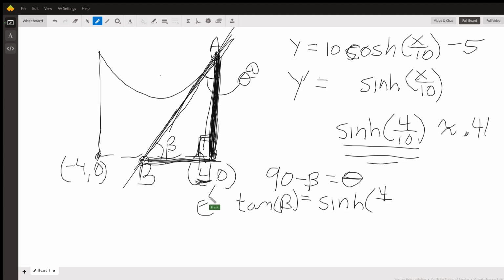Now, I can put in 0.41, but that's only an approximation. I want to go with exact answers. So the tangent of beta is that. Taking the arctangent of both sides, beta is going to be the arctangent of the hyperbolic sine of 4/10.